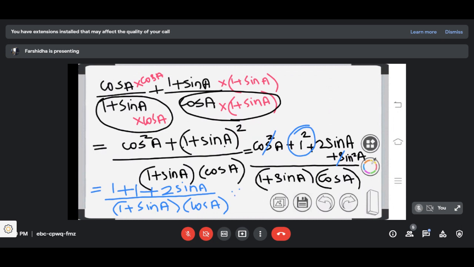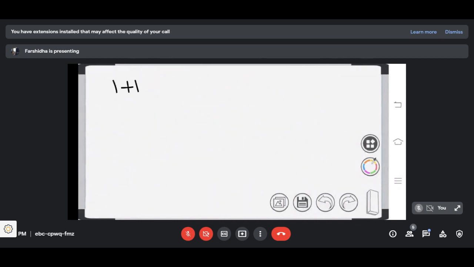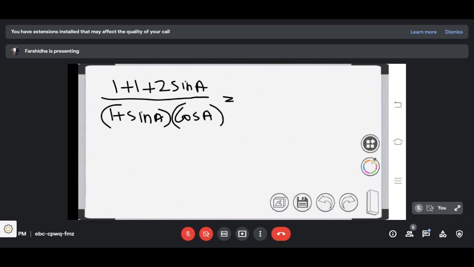Then write the reason there. Since cos square A plus sin square A equal to 1. Okay, so you got 1 plus 1 plus 2 sin A divided by 1 plus sin A into cos A. So 1 plus 1, 2.